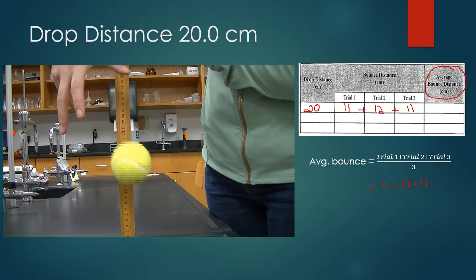I'm going to put parentheses around that because we want to make sure to do that addition before we divide it by 3. Now, why are we dividing it by 3? Because we did 3 trials. If we did 5 trials, we would divide it by 5. Okay, so doing that calculation, I get 11.3 repeating on my calculator. So this is the value that I'm going to want to put here into this table.